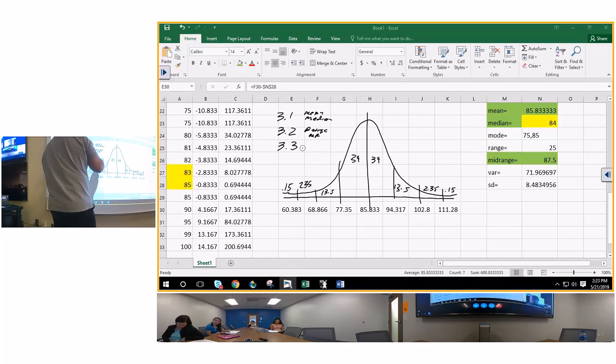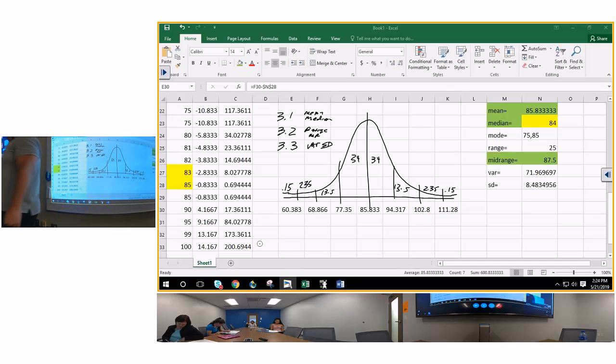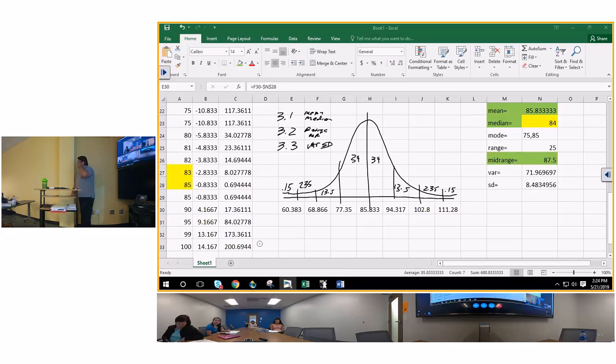And then 3.3, they're going to ask you for the variance and the what? Standard deviation. So we've just basically done all 3 of those sections with 2 problems. It's a whole lot easier to do it together and show you how everything fits.